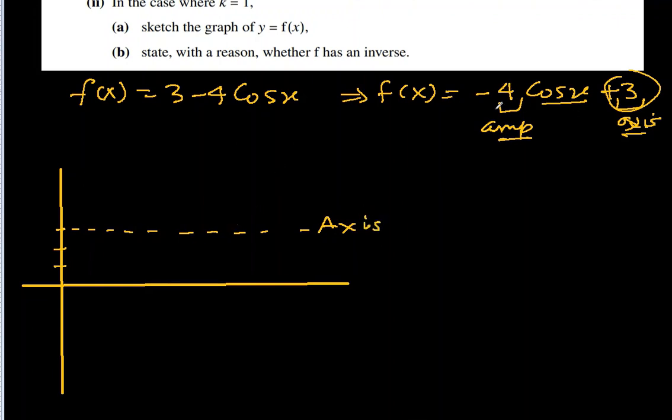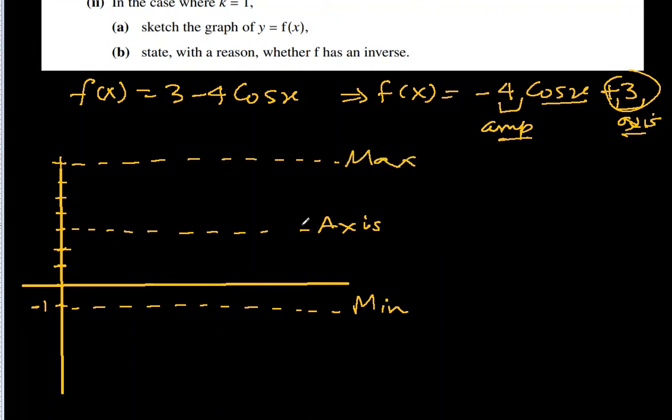Now amplitude is 4. That means 4 below this, 1, 2, 3 and 4. Minus 1 will be the minimum. Axis minus amplitude is minimum. Axis plus amplitude is maximum. So 1, 2, 3 and 4. It is maximum.